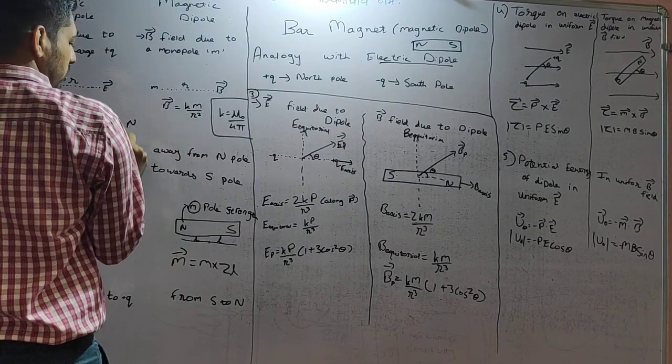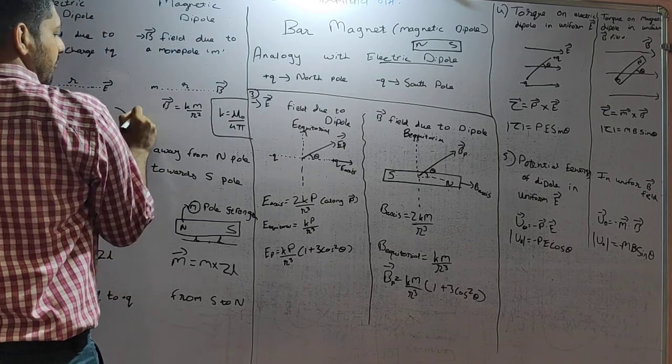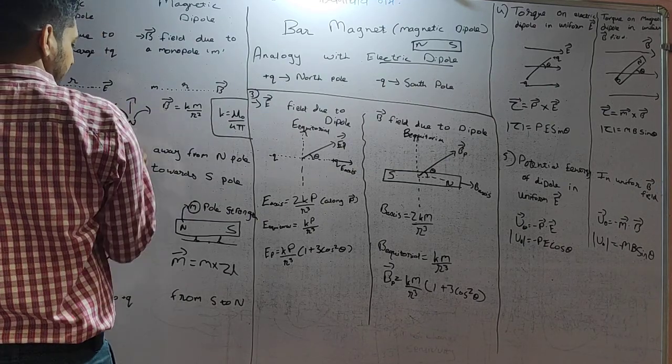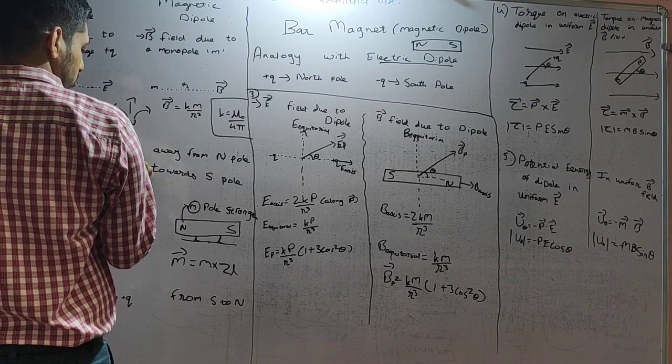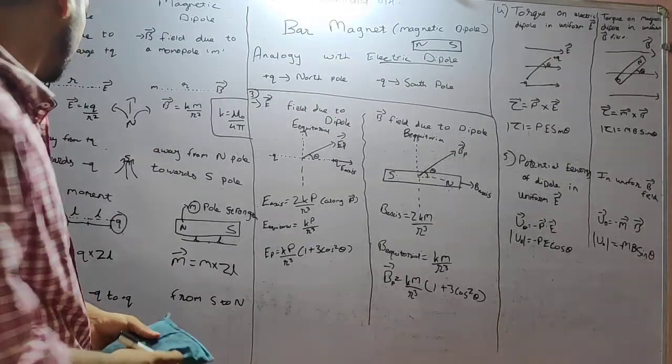If there is a north pole and a south pole, the field will be away from the north pole and towards the south pole. That is the magnetic field.